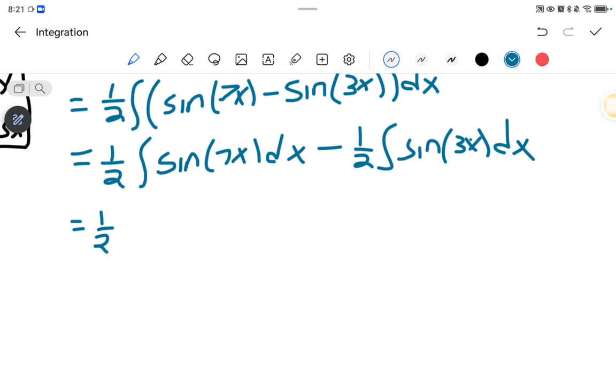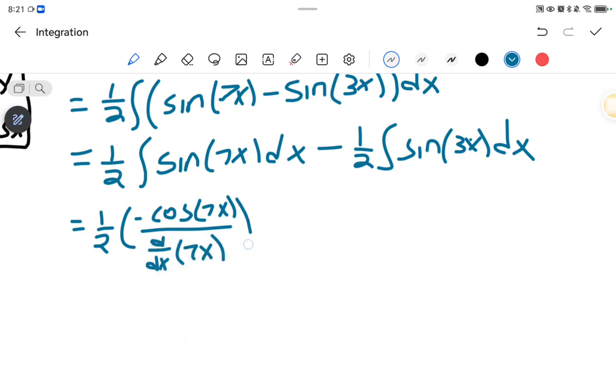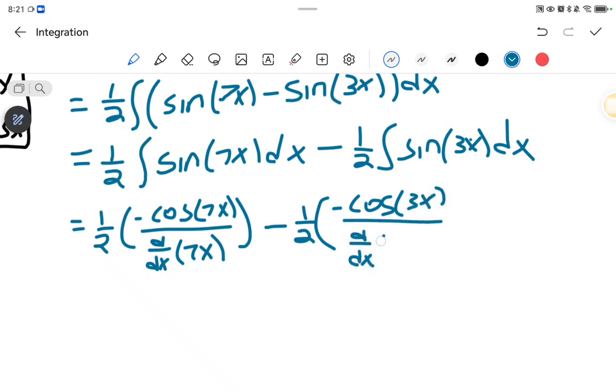And this will be equal to 1 over 2. You know the integral of sine x will become minus cos 7x over the derivative of the inside. Integral of this minus cos of 3x divided by the derivative of the inside plus c, because all the integral signs are gone, so I'll just add c there.